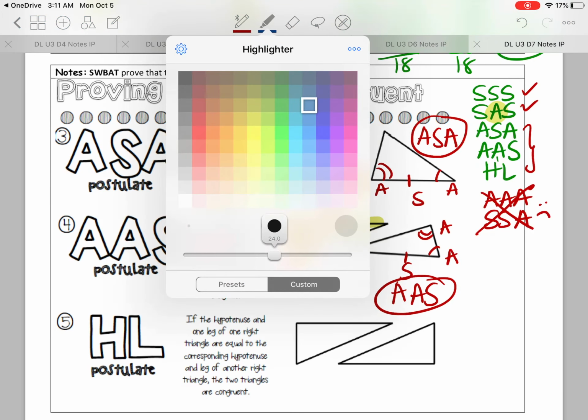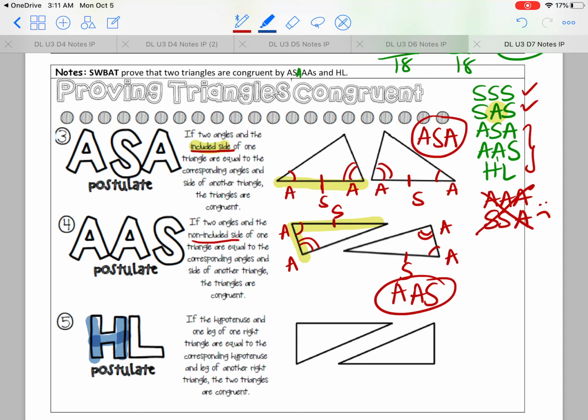And then this last one, which is the HL, the hypotenuse and the leg of the right triangle. So this only works for right triangles, the HL theorem. It says, as long as you have the hypotenuse of right triangles congruent to each other and at least one of the legs congruent to each other, then you can conclude that the triangles will be congruent.